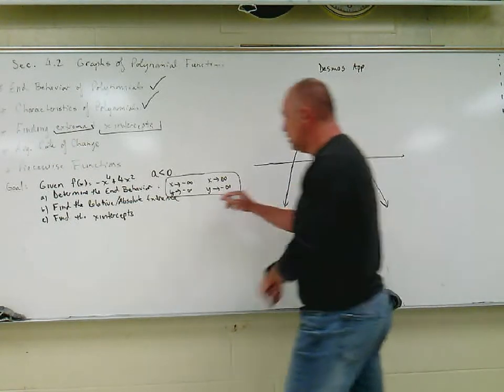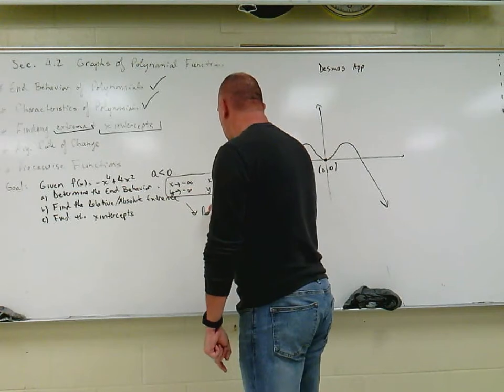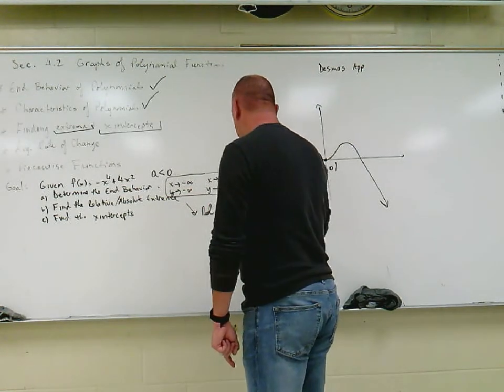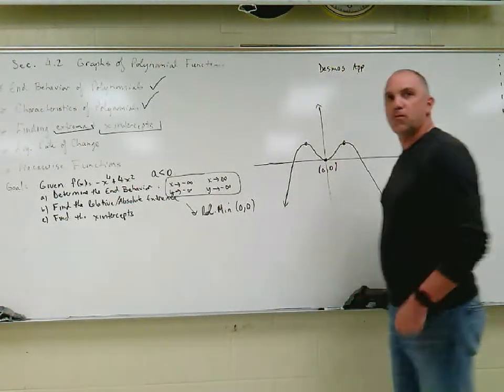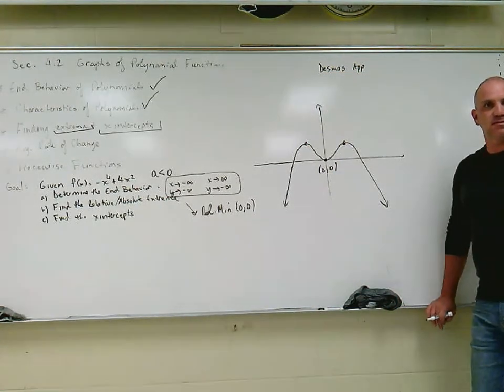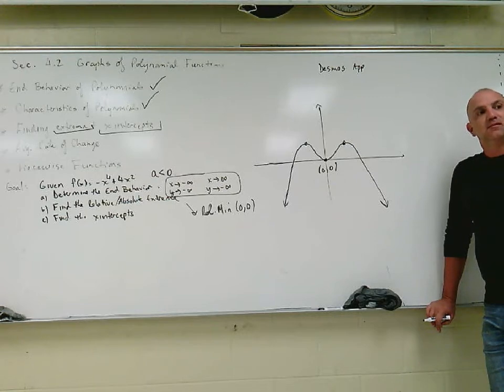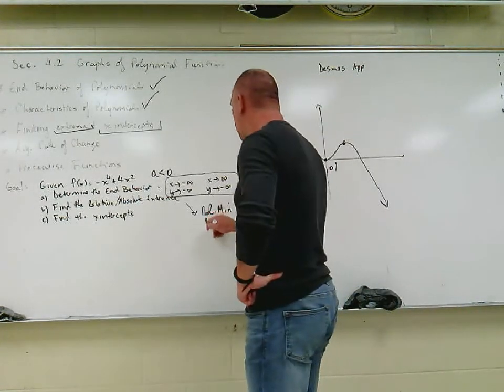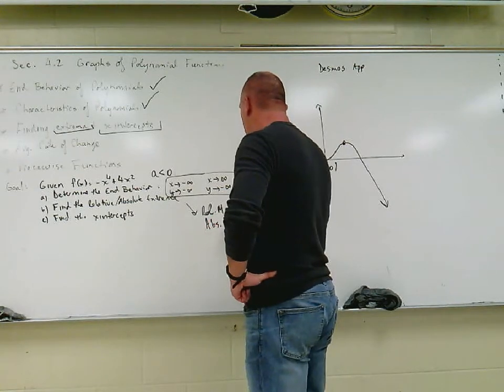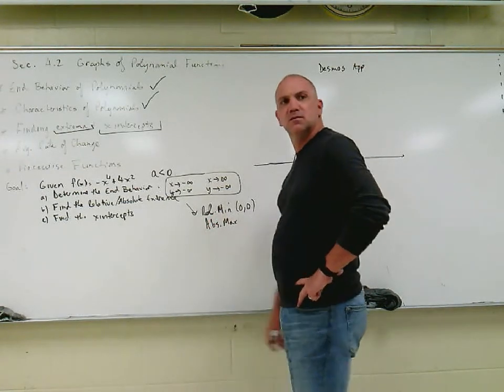So in part B, I know that there's a relative min at 0, 0. Now, these 2 points here, are they relative maxes or absolute maxes? Absolute, that's exactly right. Nothing's higher than that. And you just give both of them because they're the same. And what did you get for the absolute max?